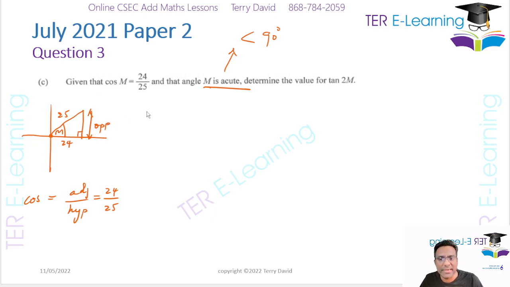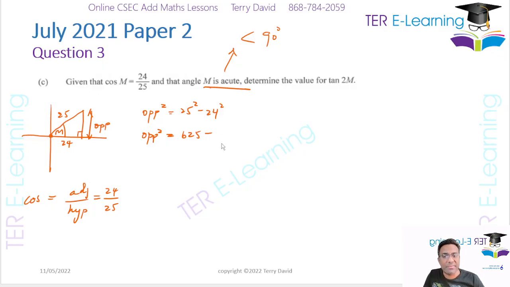So if we're using Pythagoras' theorem, we're going to see that the opposite squared is going to be 25 squared minus 24 squared. So this is 625 minus 24 squared.